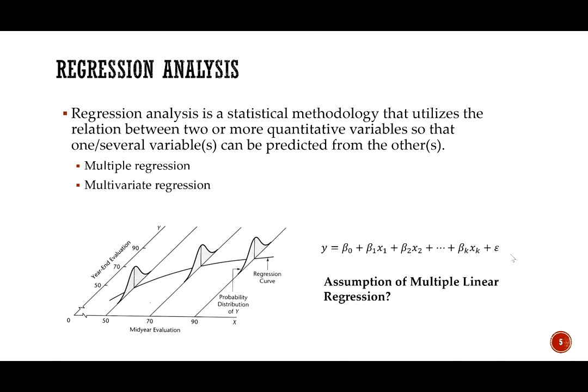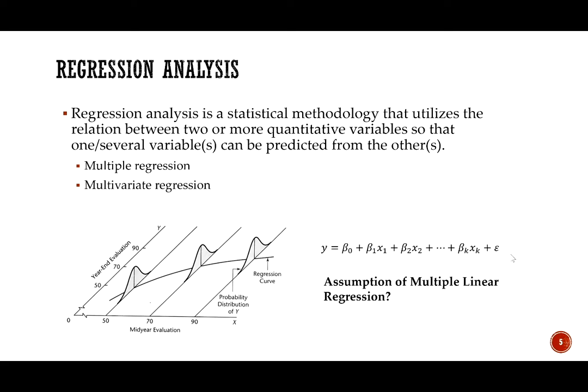And here you can see the equation for multiple regression: beta 0, the intercept, plus beta 1 x sub 1 through beta k x sub k. So it means that we can have k independent variables and we can use that to predict the value of the response, here y.